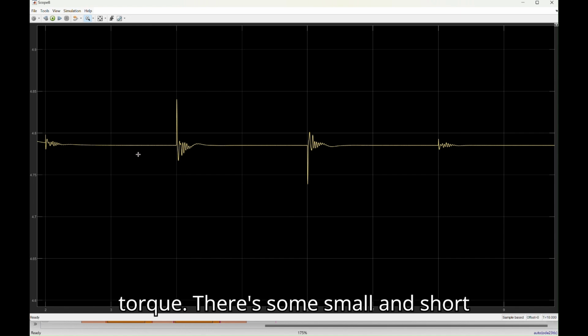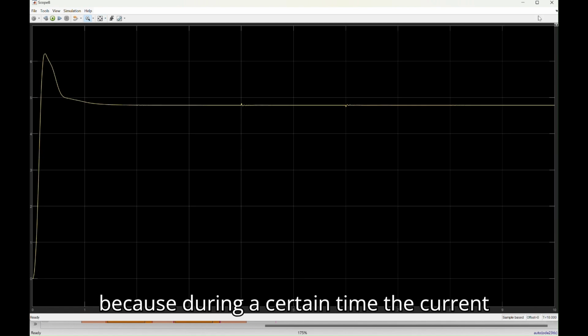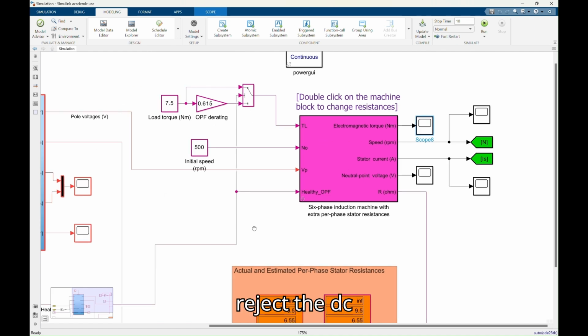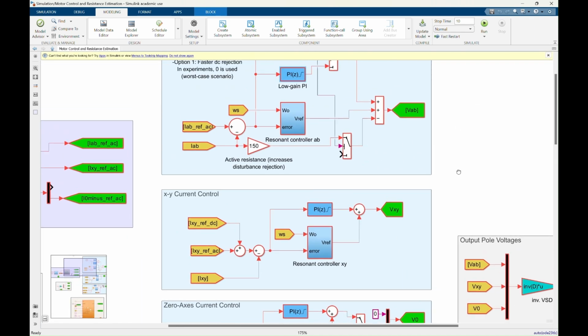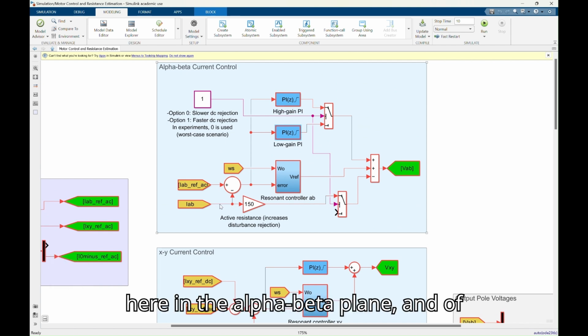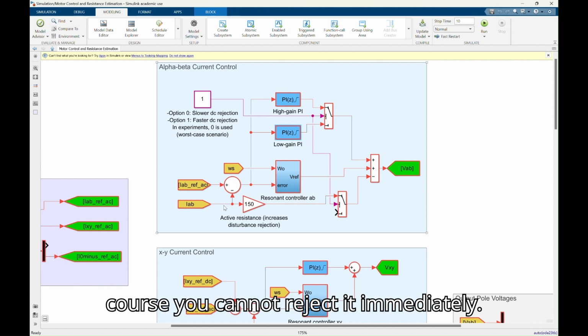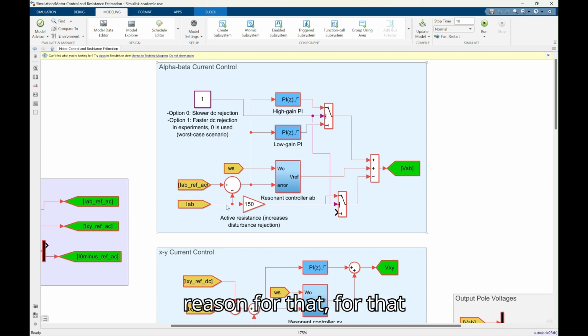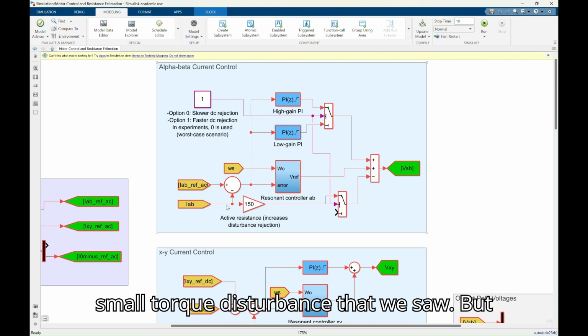Okay, there's some small and short disturbance, but that's because during a certain time the current control needs to reject the DC part of the current that is here in the alpha beta plane, and of course it cannot reject it immediately. It takes some brief time, so that's the reason for that small torque disturbance that we saw.